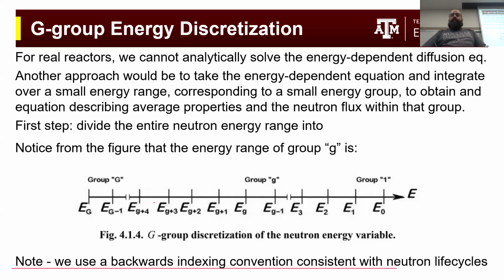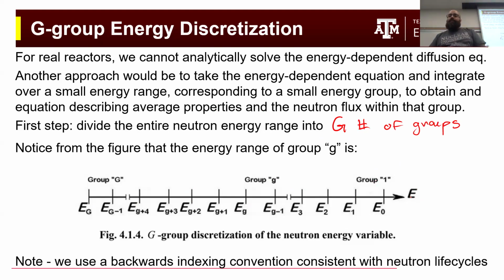So if this is our energy axis, the first thing we are going to do is divide the entire energy range into big G number of groups. Each of these little intervals corresponds to a group, and each group has a minimum and maximum.